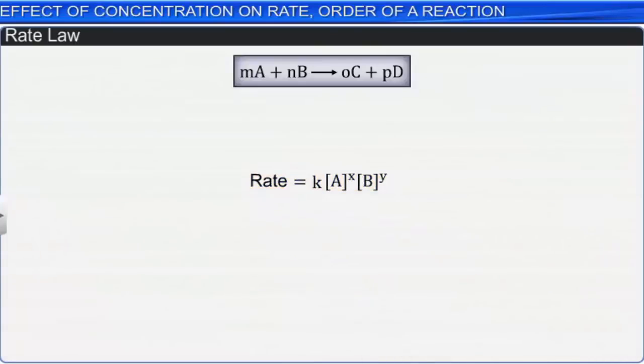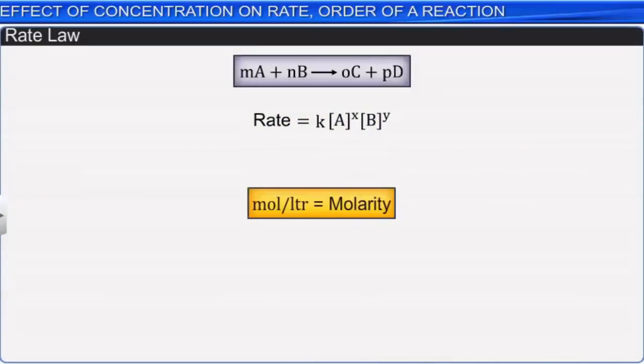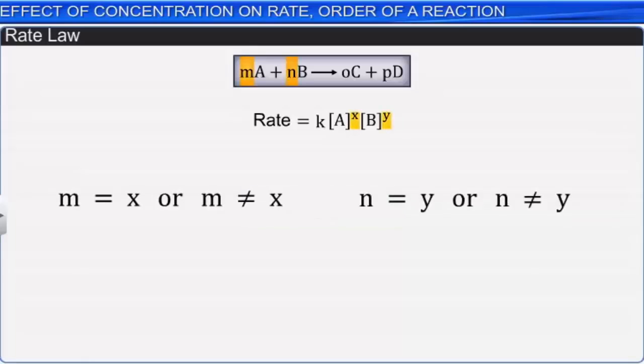Thus, rate law is the expression in which the rate of reaction is given in terms of the molar concentrations of the reactants, with each concentration being raised to some power that may or may not be the same as the stoichiometric coefficients of the reacting species in a balanced chemical equation.